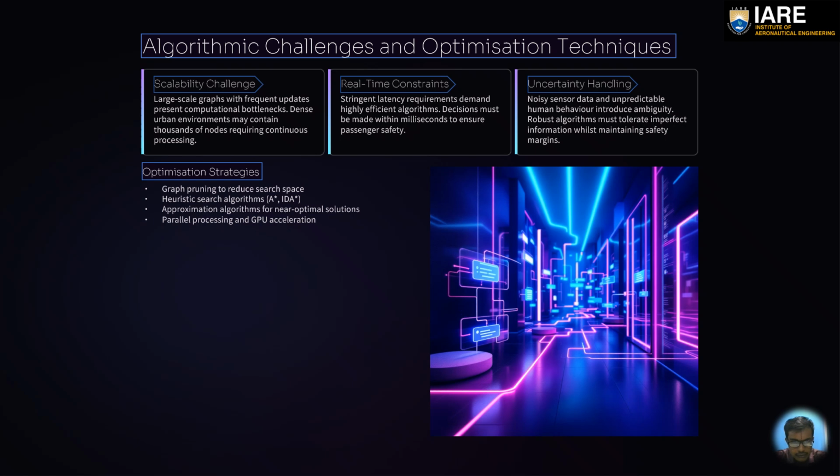Here we have four important optimization strategies. Graph pruning to reduce search space, heuristic search algorithms like A* or IDA*, approximation algorithms for near optimal solutions, and parallel processing and GPU accelerations. Hence, that was all about algorithmic challenges and optimization techniques.